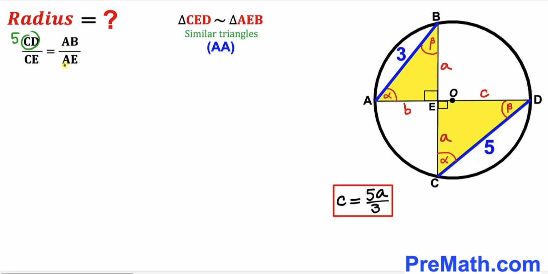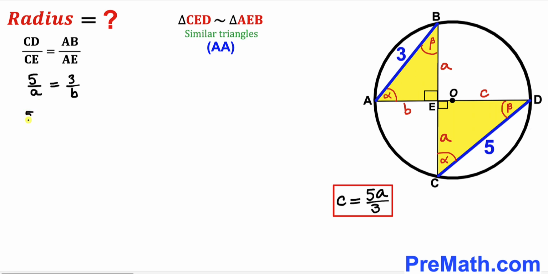Our CE length is lowercase a, so I'm going to replace that with a. On the other side, this length AB is 3 units, and finally this AE length is lowercase b. Let's go ahead and cross multiply.